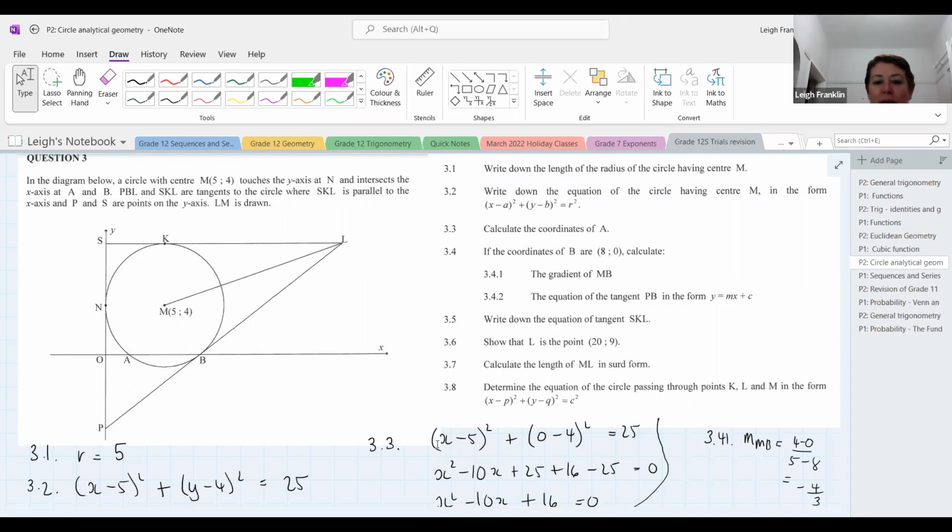I want to hear what you guys think about that. What is the equation of tangent SKL? Indeed. Michael, how did you get that answer?